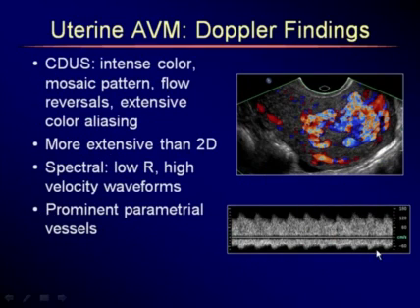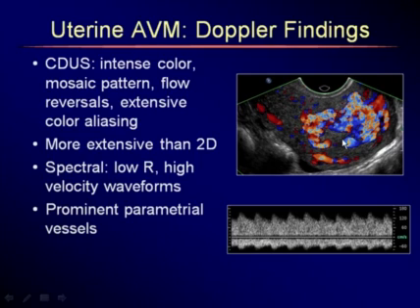And you take a tracing with spectral Doppler, and that shows us high velocity but very low resistance waveform. So you have this venous flow, continuous, and you have these little superimposed arterial peaks. The color is intense.